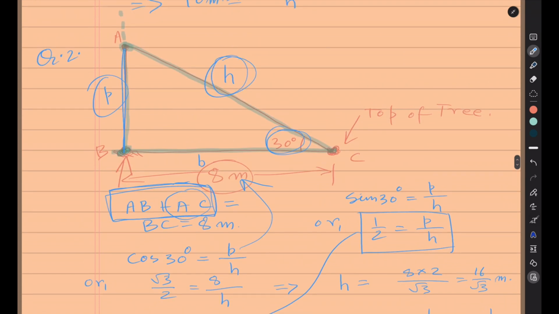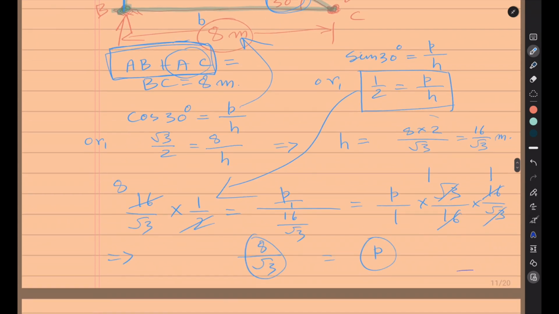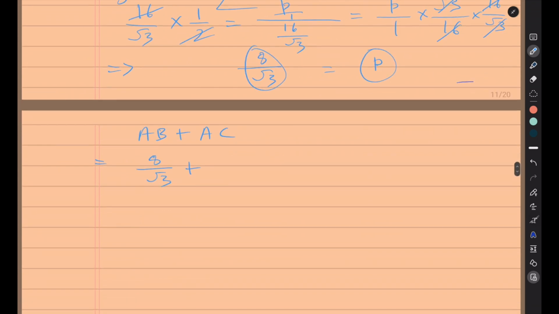AC is H. That also we have already found. 16 divided by root 3. So we can just simplify a little bit here. 16 plus 8 is 24. So this will be the answer. And then later we can also simplify it a little bit more.